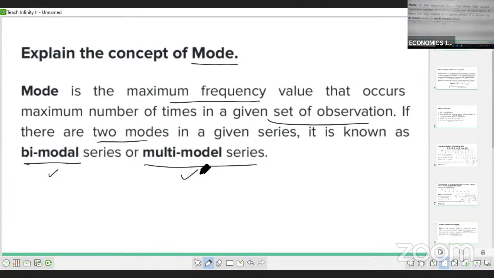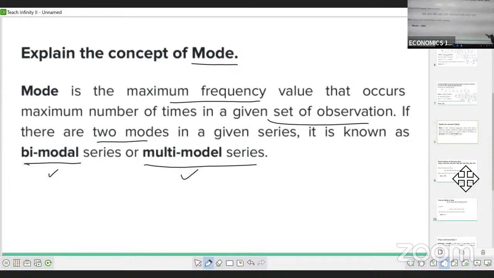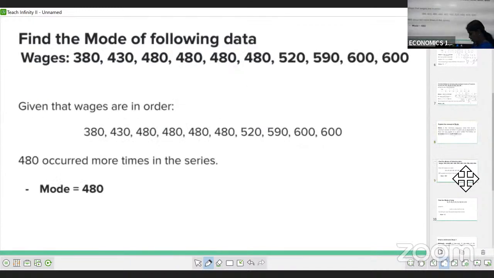Okay, let's go with an example. Find the mode of the following data.